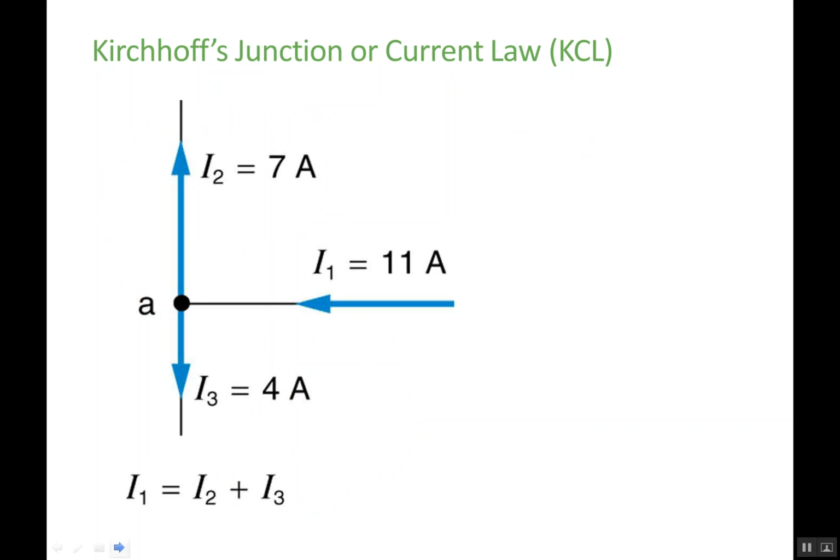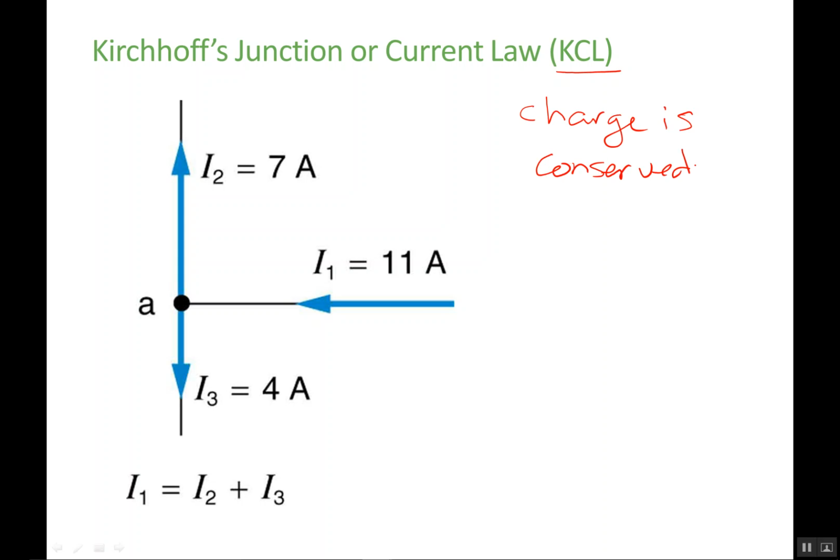All right. So first, let's look at Kirchhoff's junction law, or Kirchhoff's current law, which I abbreviate KCL for short. This law is essentially a statement that charge is conserved, and current is moving charge.